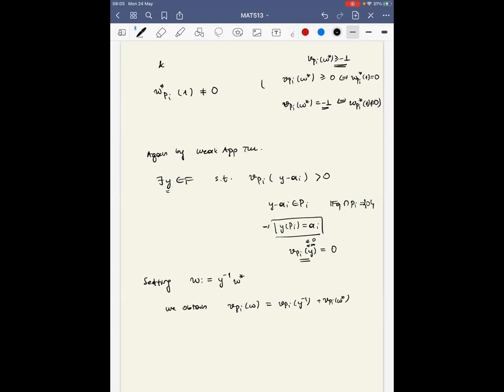If v_Pi of y is 0, this is going to be 0, and we know that v_Pi of omega star is -1. This also shows that v_Pi of omega is -1.